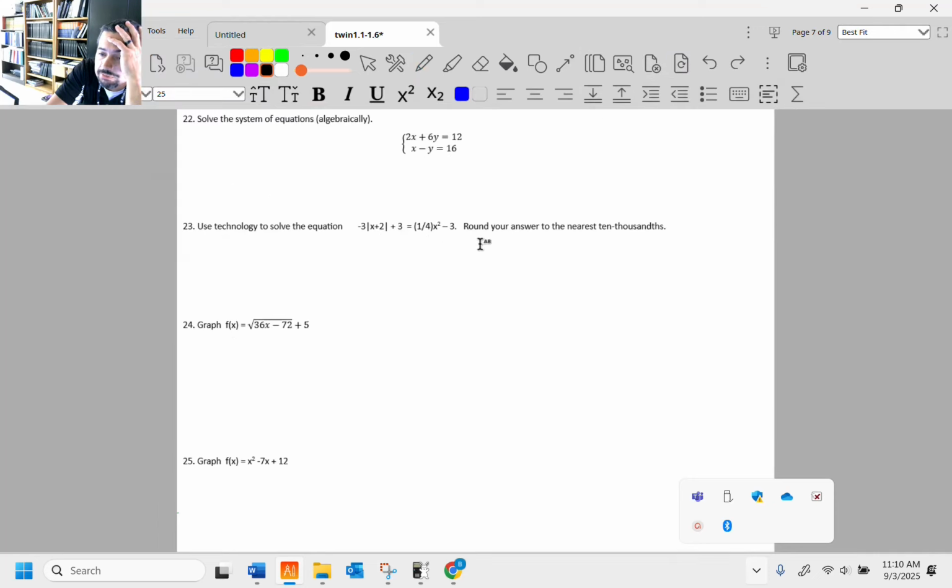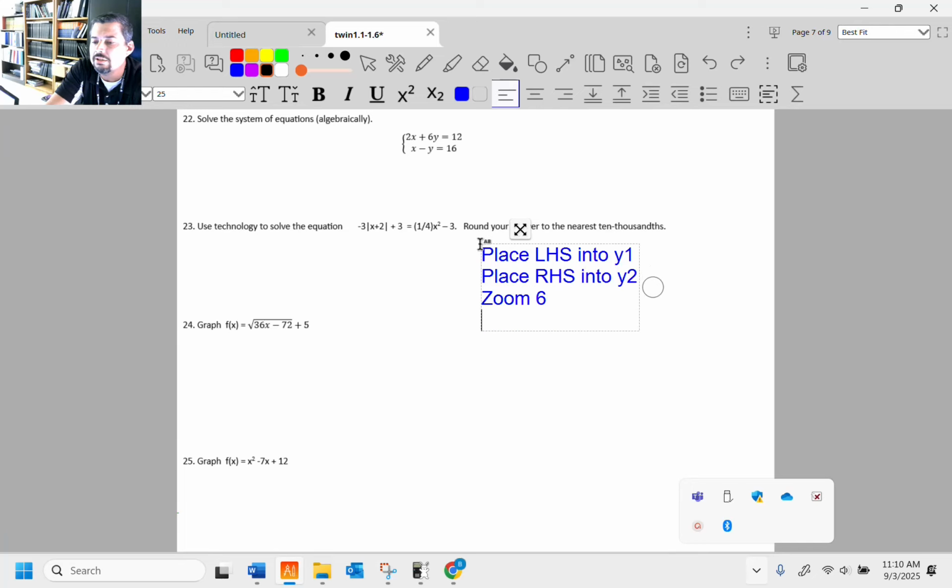So let me give you a recap of what you're going to do here. You're going to place the left-hand side into Y1. You're going to place the right-hand side into Y2. You're going to hit zoom 6. You're going to hit second trace intersect. All right. That's how you're going to do this thing.